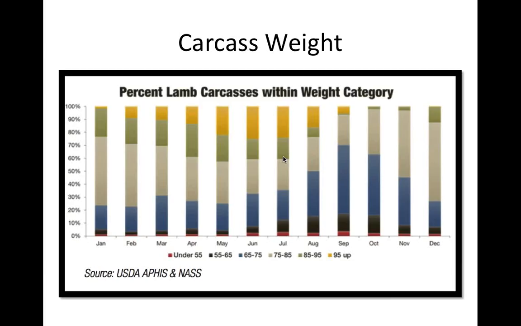Okay, so we need lambs to go through, and they're just not present anymore. The only way I can think, off the cuff, to get large carcass sized lambs in September, October, and November would be to fall lamb the year before, so they're a full year of age and they're on a higher rate of gain.